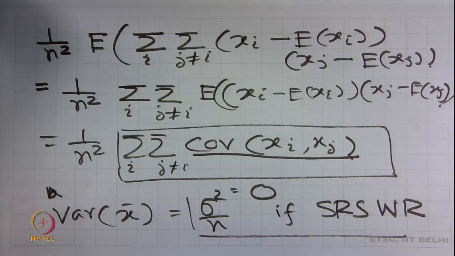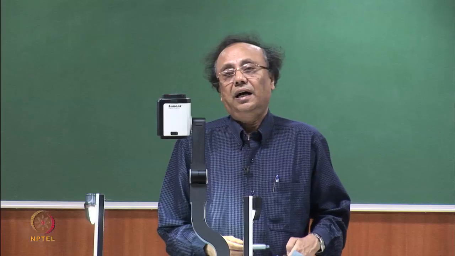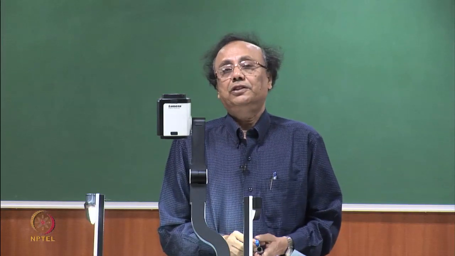Therefore, the variance of x bar will not be sigma square by n, rather it has to be adjusted by a quantity. In the next class, I will start with this point and then go further with sampling distribution.